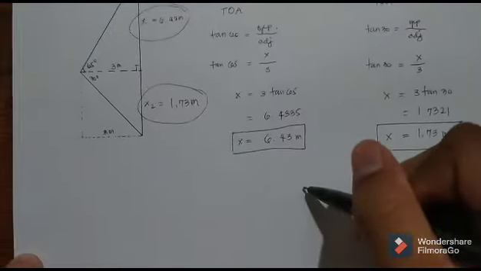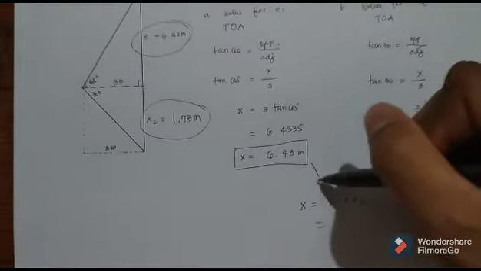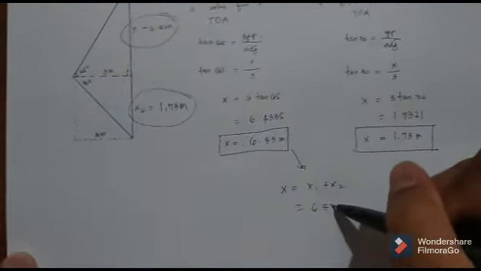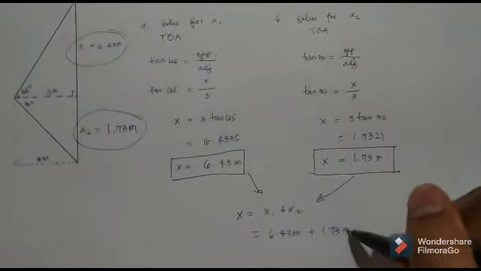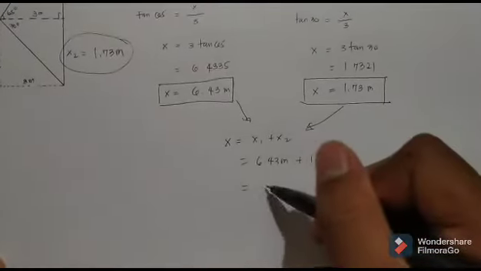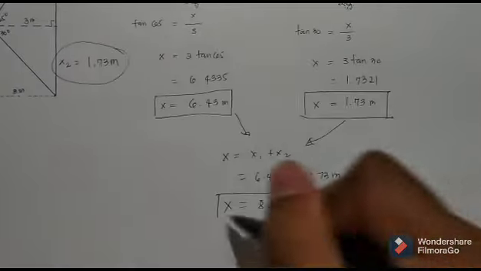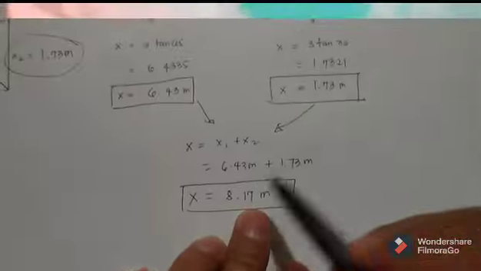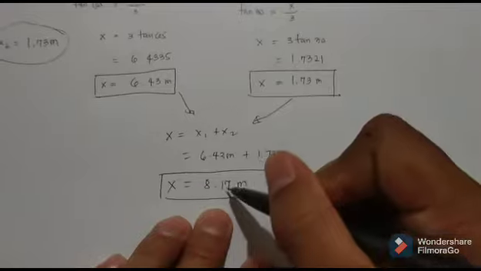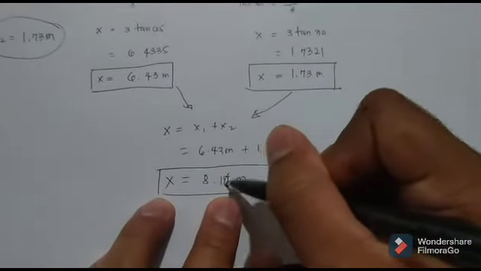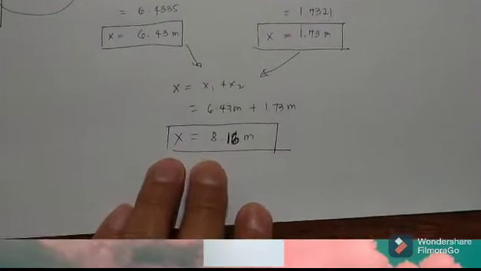So x is equal to x sub 1 plus x sub 2, wherein x sub 1 is 6.43 meters and x sub 2 is 1.73 meters, a total of 8.17 meters. Oops, I'm sorry. 6.43 plus 1.73 meters would not be 8.17 but rather 8.16 meters, which is the height of our flagpole. Okay? So let's now proceed.